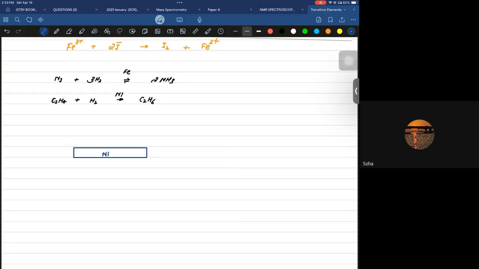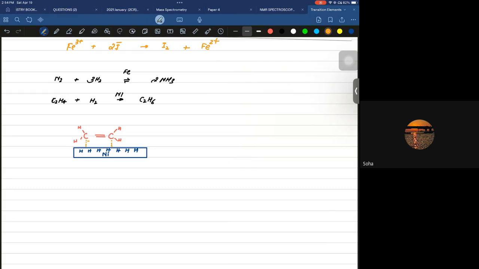Nickel has an ability to absorb hydrogen gas. So it has a lot of hydrogen atoms, H, H, H, H, H, H, H, H. When ethene comes to this metal, it's going to make a bond, like an attachment, just like that.